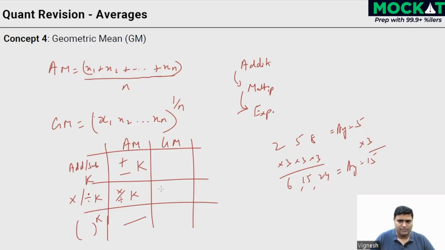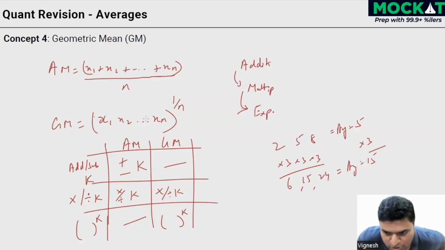Therefore, if you're going to multiply or divide by a constant, yes, it will happen. If you're going to raise each term to a power of a constant, the same happens to geometric mean, but addition doesn't happen. Addition or subtraction doesn't help, right? The same pattern doesn't continue. When you add or subtract a constant from every term, your geometric mean doesn't get added or subtracted by the same constant. There is no set pattern over there, right?